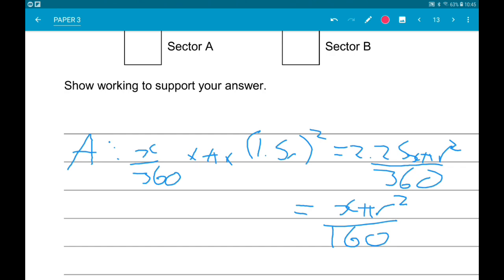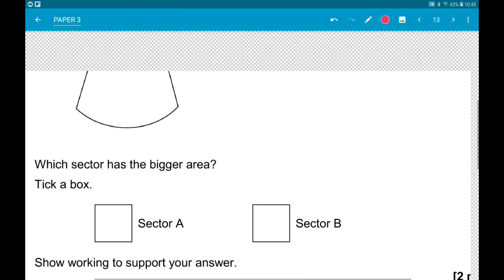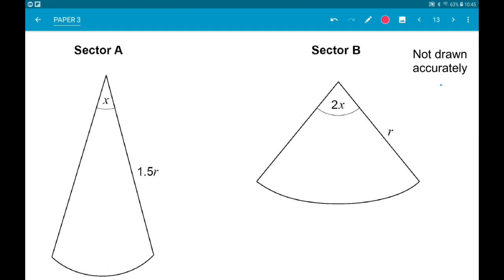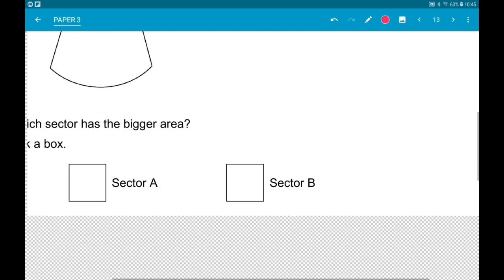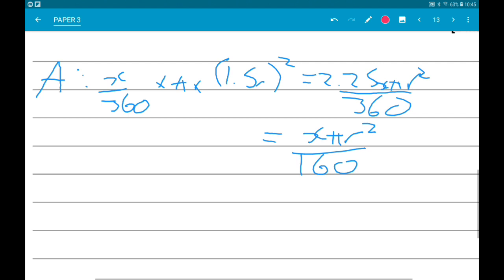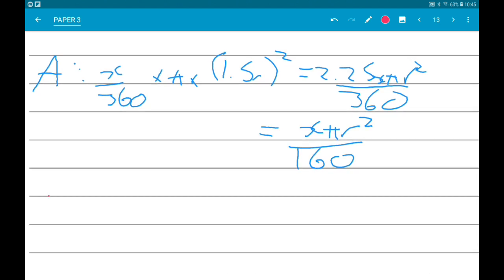Okay, now we do the same for b. So b has an angle of 2x with a radius of r. So for b, we have 2x over 360 times pi r squared.